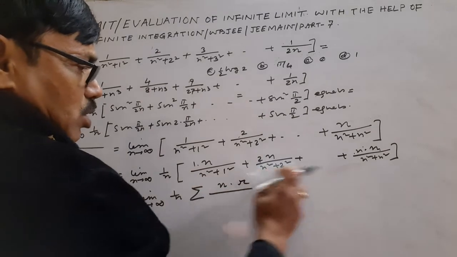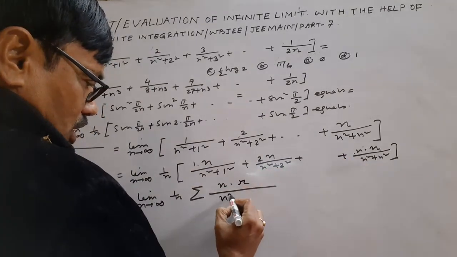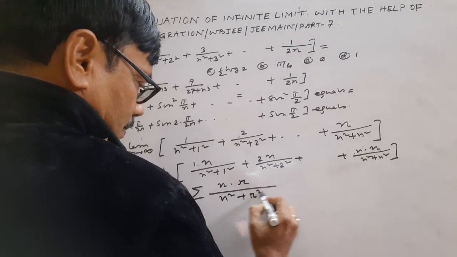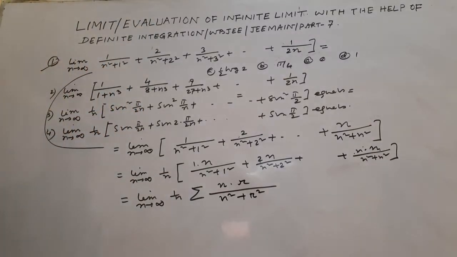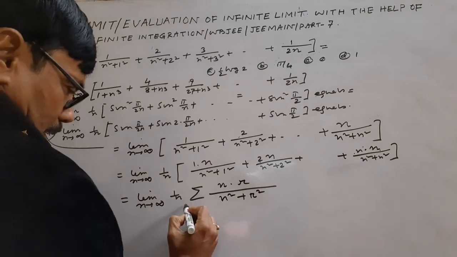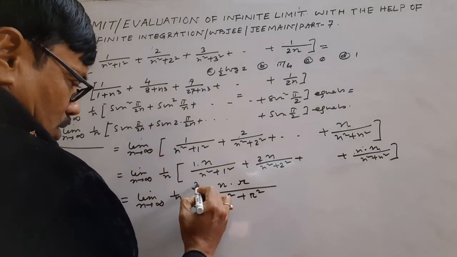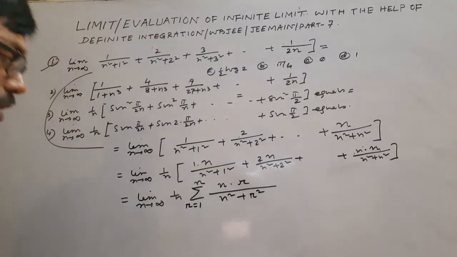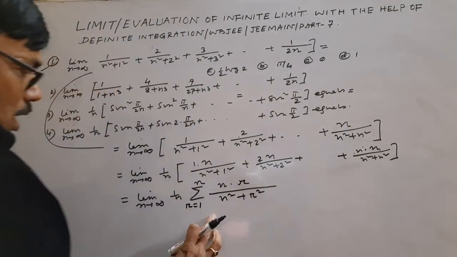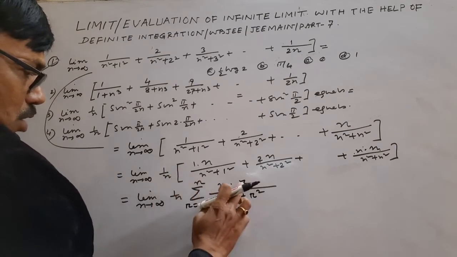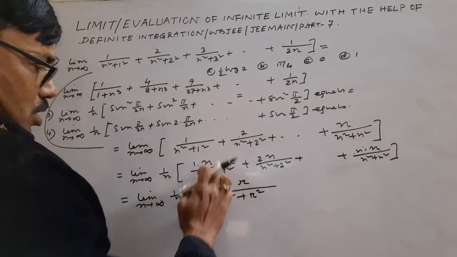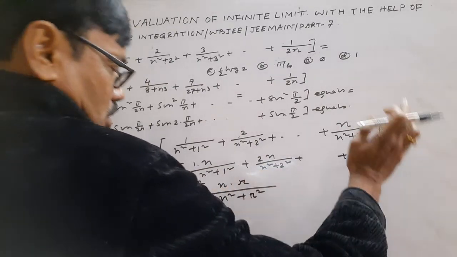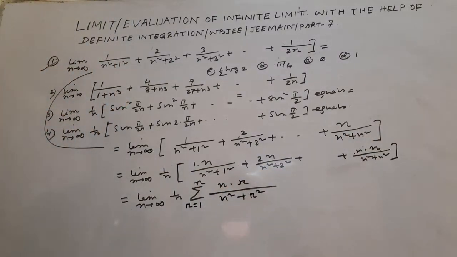So n square does not change, while 1 square, 2 square, n square is changing. So we are getting the summation in this form. Now look whether it is true or not. If we put r equals 1, we get 1 into n by n square plus 1 square, then 2 into n, and n into n, so it is satisfied.